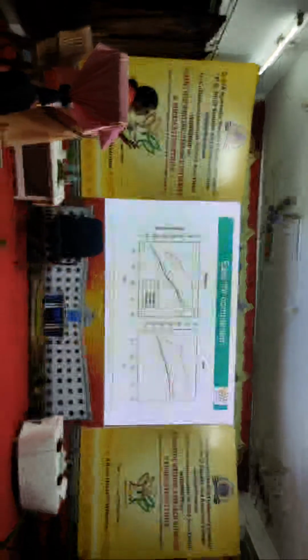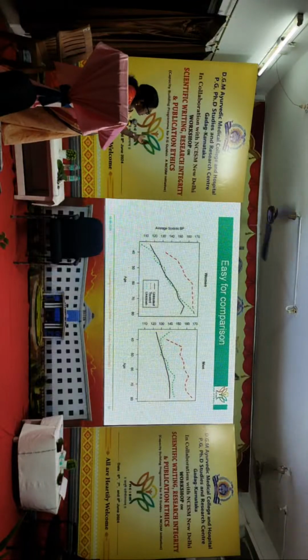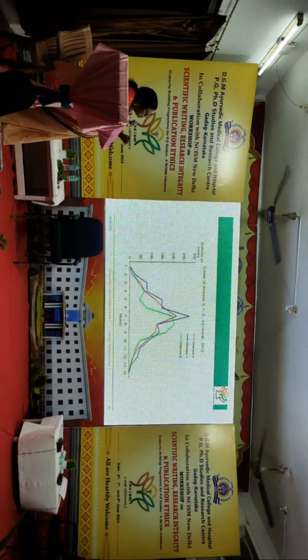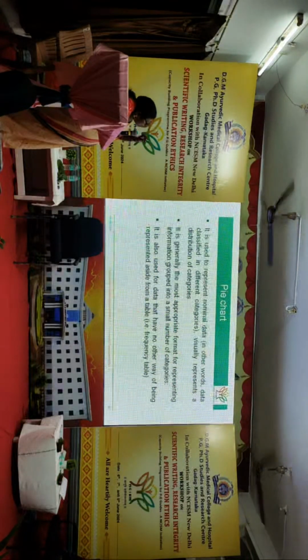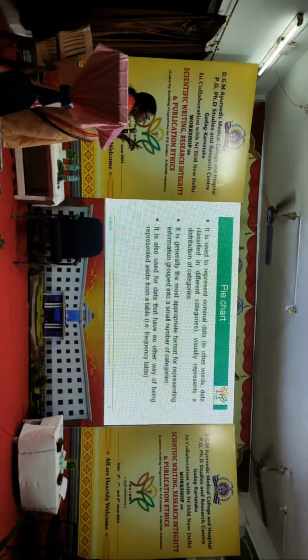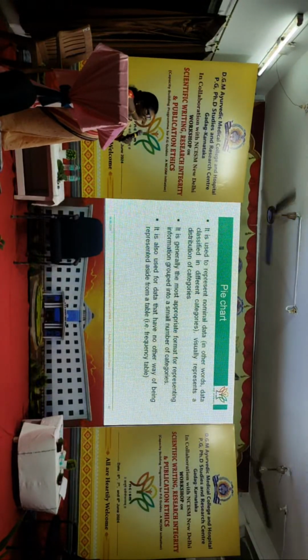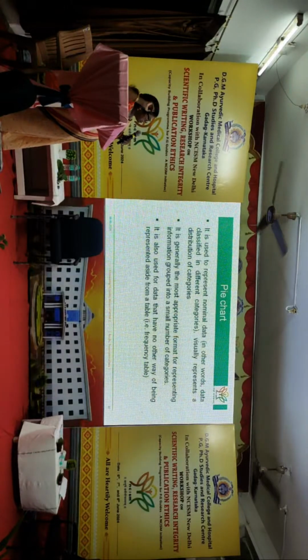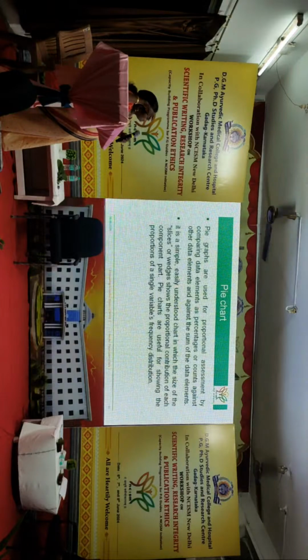Next. Same thing. For men and women, they have shown the systolic BP. Next slide. It's also the same. So, pie chart. We use a pie chart for nominal data. In a pie chart we should not use more than 7 wedges. Usually we use the pie chart for less data only. Next slide. We can use different colors for the pie chart.